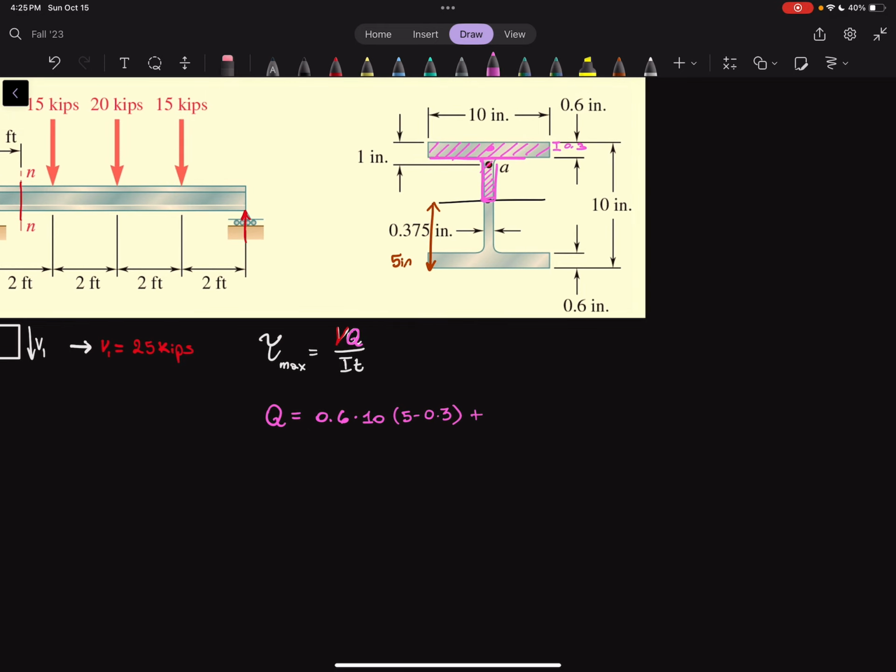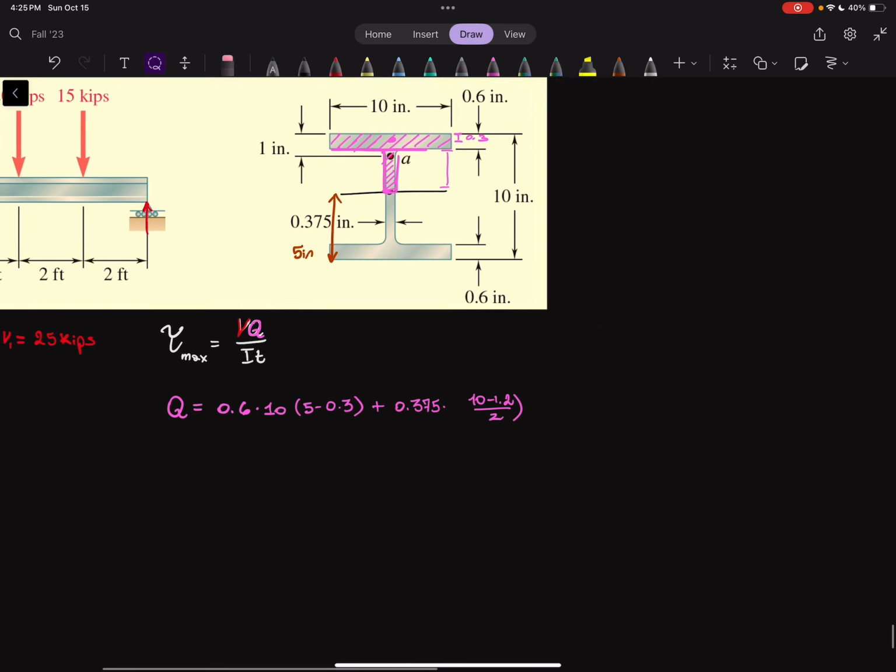The second part of my Q is going to be 0.375 multiplied by, what is this distance now? Well, 10 is the total, then we subtract 1.2, so 10 minus 1.2 divided by 2. That's going to be the height of this rectangle.